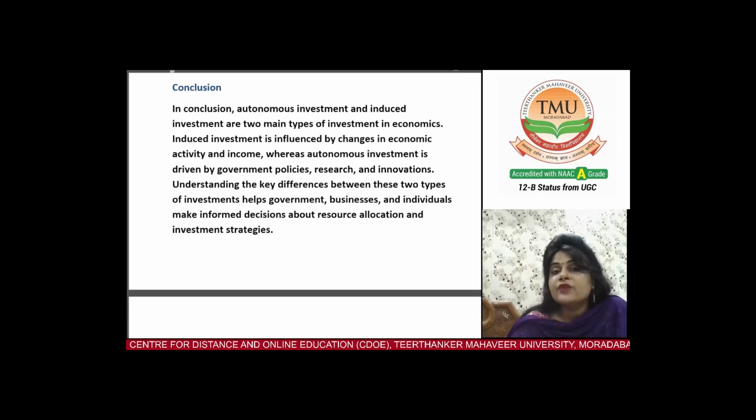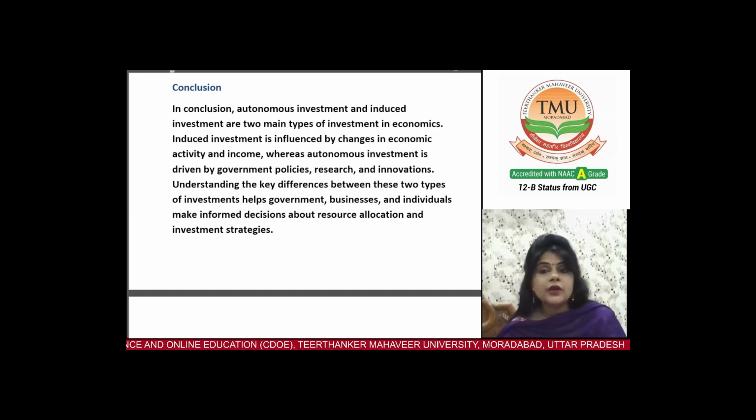Understanding the key differences between these two types of investment helps government, business, and individuals make informed decisions about resource allocation and investment strategies. Well understood what is induced investment and what is autonomous investment. Now, thank you very much.